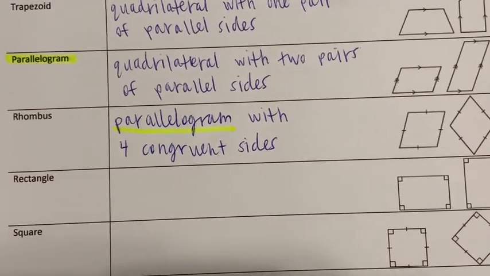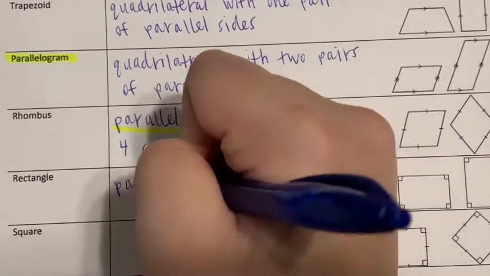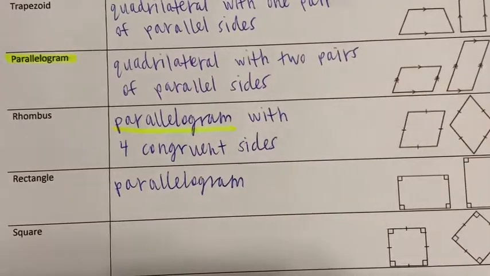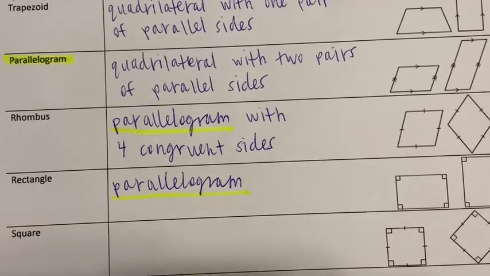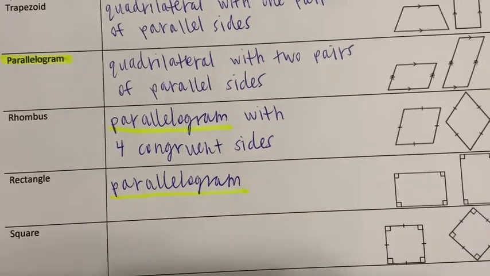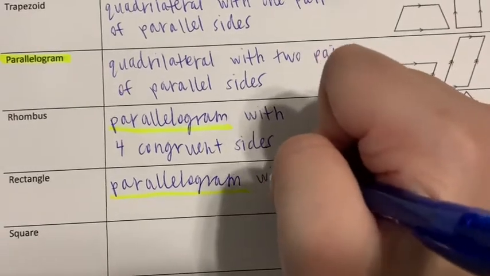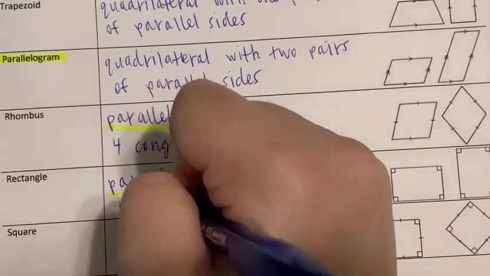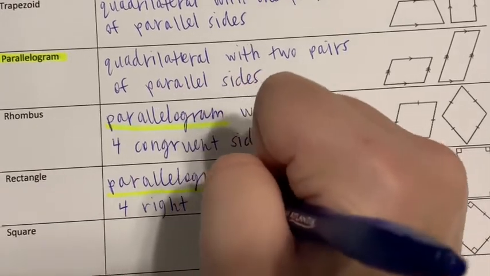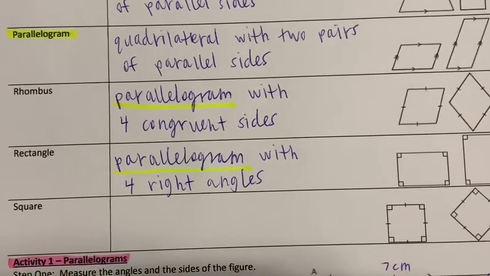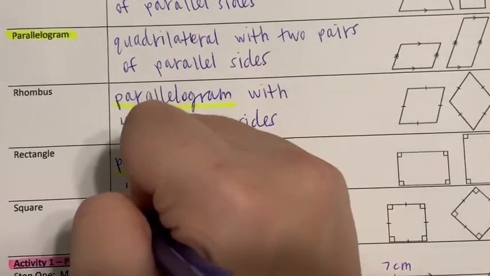Next, we have a rectangle, and a rectangle we said is also a parallelogram. Parallelogram, and the rectangle had 4 right angles, or 4 90-degree angles. So parallelogram with 4 right angles. And then lastly, a square is a parallelogram.